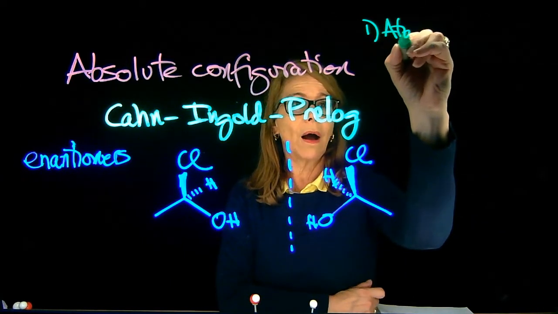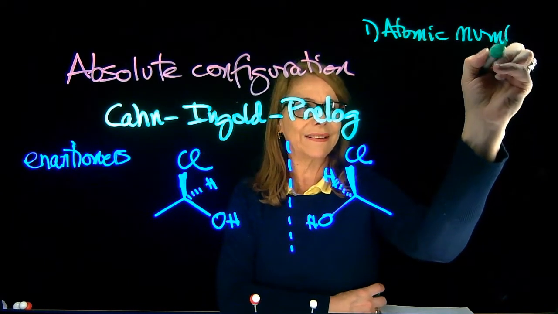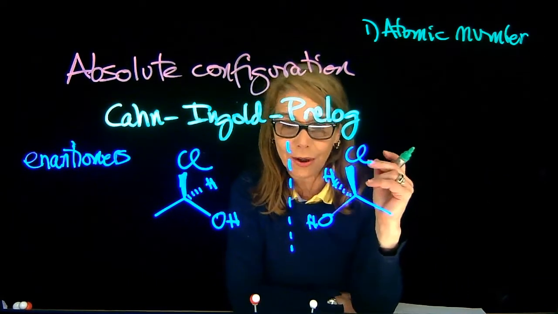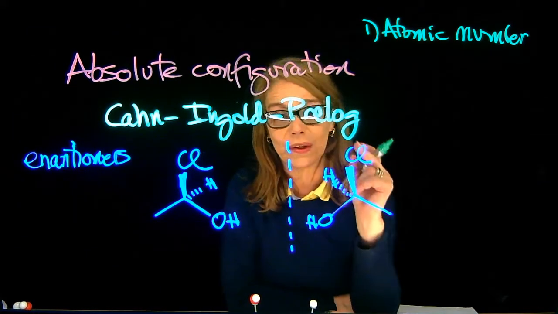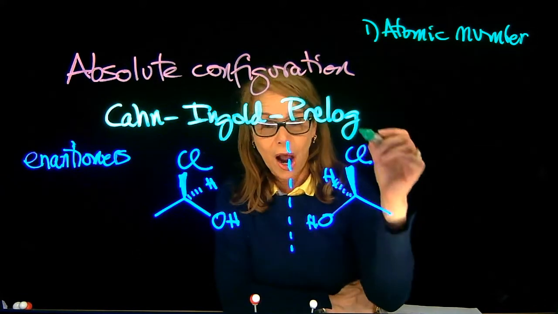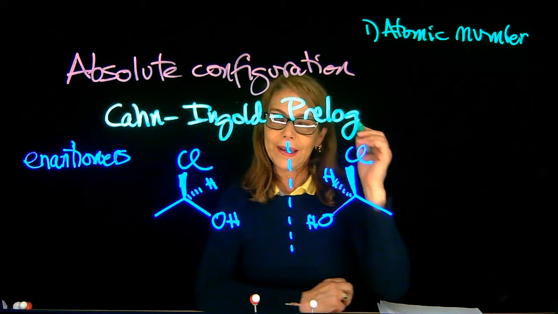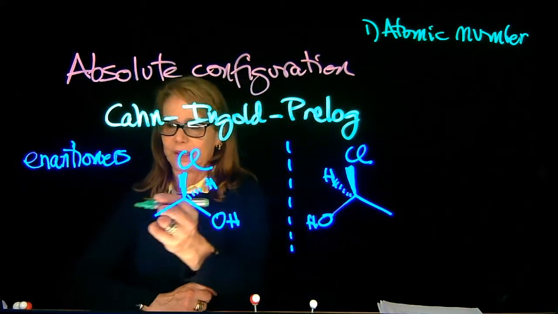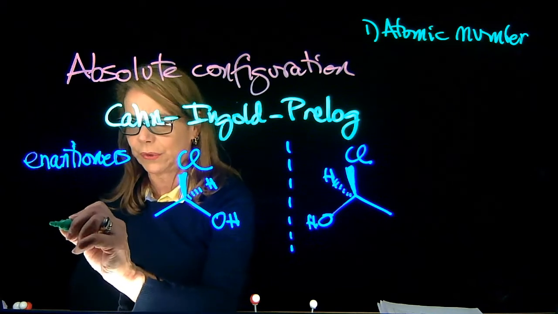So by the atomic number, the greater the atomic number, the higher the priority. Priority 1 is the substituent with the highest atomic number of the element directly attached to the carbon. To remind us of the atomic number, I'm just going to draw a part of the periodic table.